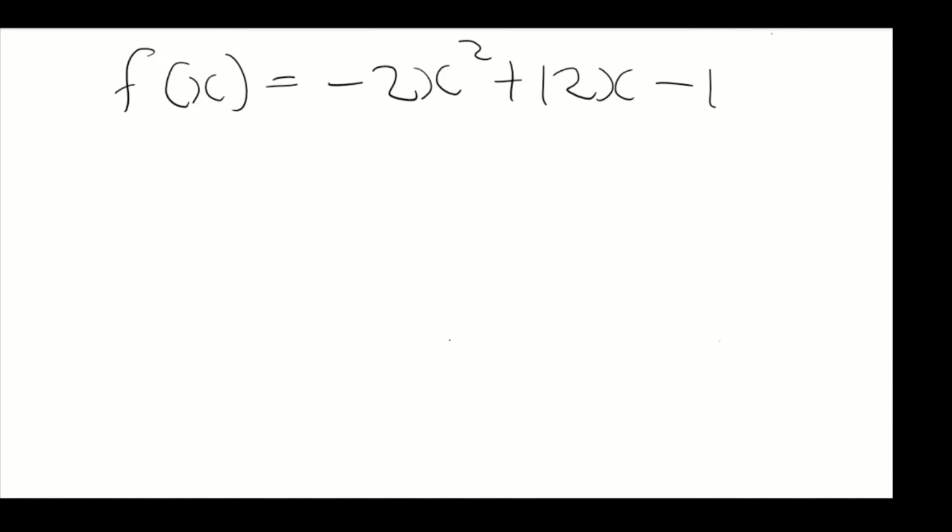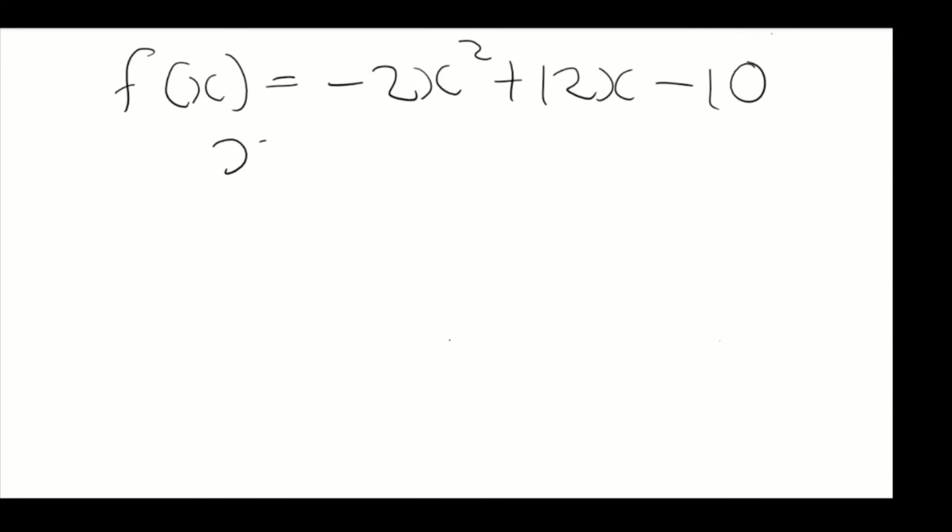So to find our y value of the turning point, remember that the f of x which we calculated initially is minus 2x squared plus 12x minus 10.